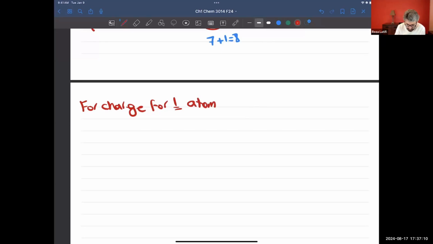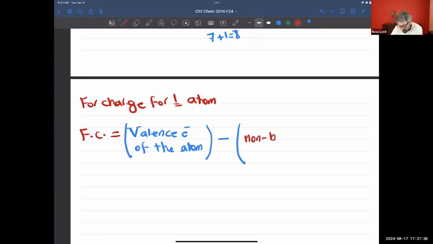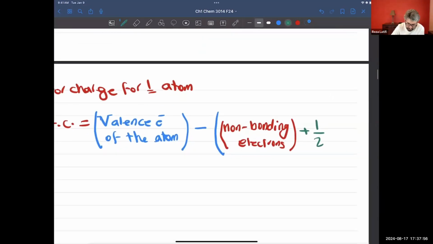The formal charge is equal to valence electrons of the atom, so valence electrons minus non-bonding electrons, plus half of bonding electrons.